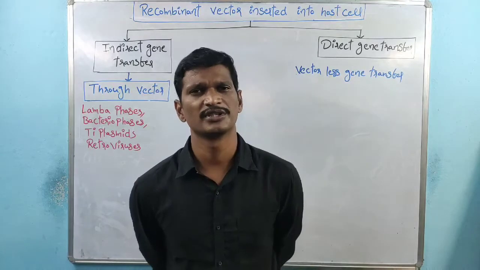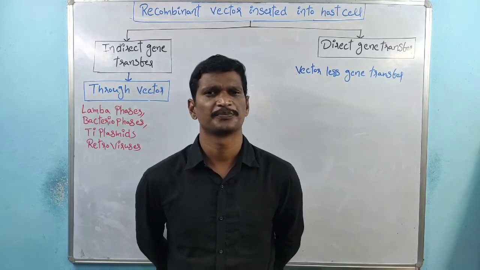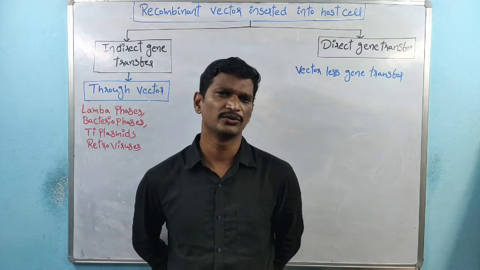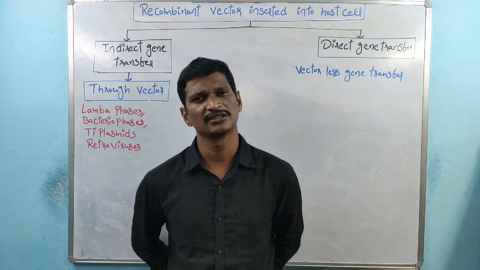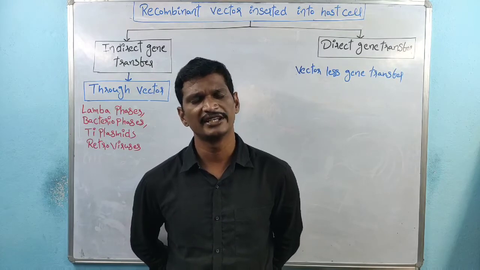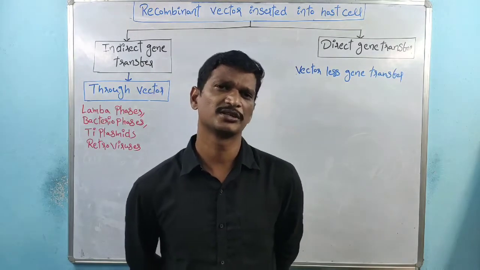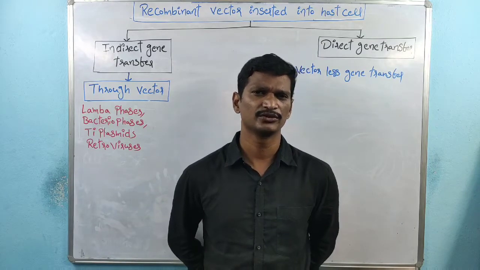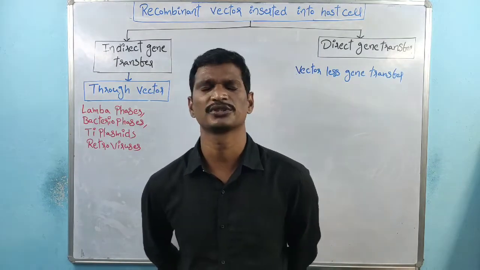So from human cells, we isolated the insulin gene. After isolation, we need to restrict the insulin gene, then identify it. The identification step is carried out by the agarose gel electrophoresis process.